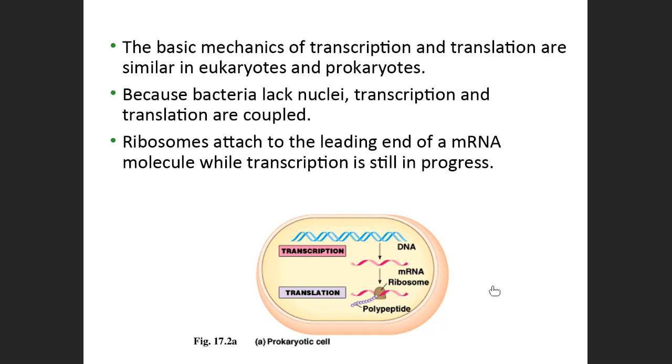We're also going to see that eukaryotes have to do a lot of processing to their messenger RNA before it's actually ready to be translated. Prokaryotes don't do that. They don't need to process their messenger RNA in order to translate it, but eukaryotes have to.